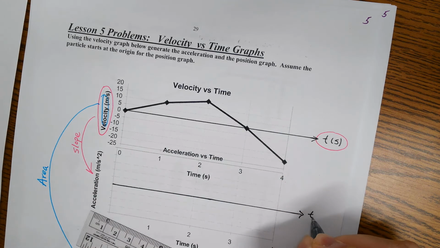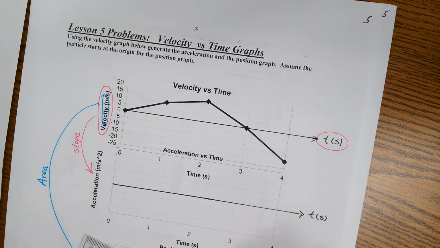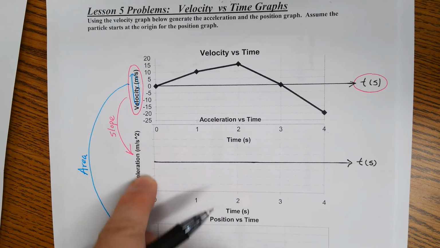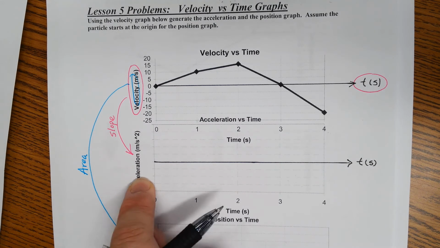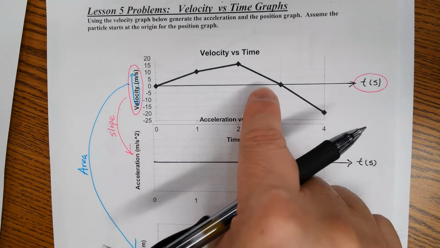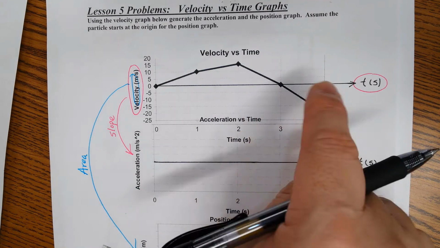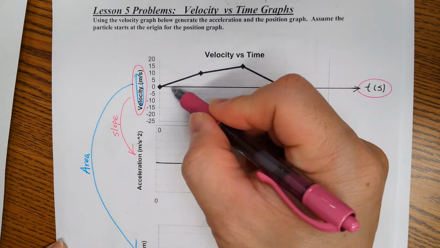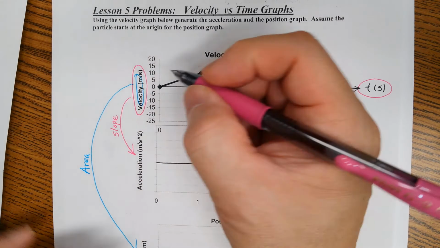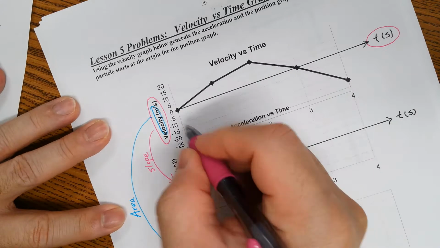Here's my time axis. And notice this is not labeled. I should try to find the greatest slope value and then scale it out so that I have enough room. So let's work these slope values out. Okay, let's take a look at the slope value.